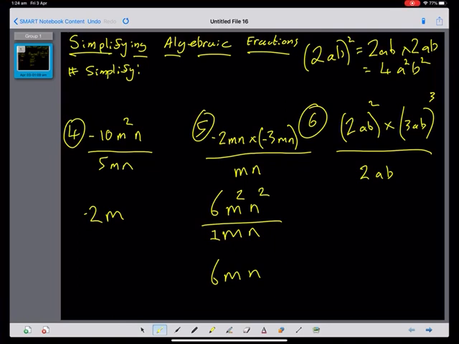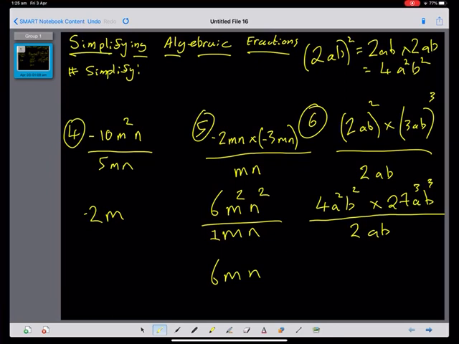So 2 squared is 4, and we've got a squared b squared. Okay, we've got 3 cubed. That means 3 times 3 times 3. So that gives 27. A cubed, b cubed, all over 2ab.